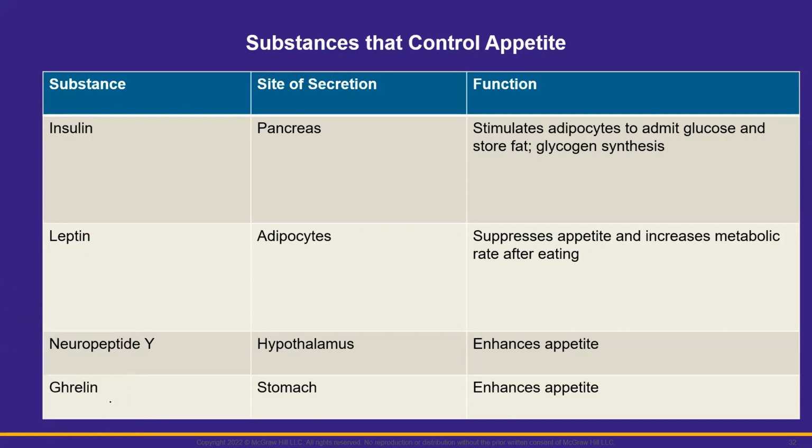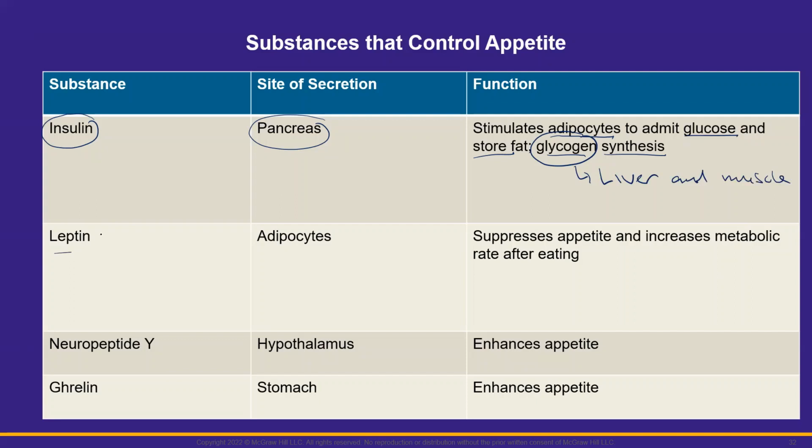So this is the summary of substances that control appetite. First is insulin, produced by the pancreas. It stimulates adipocyte tissue to admit glucose and store fat, and stimulates glycogen synthesis. This causes the storage of nutrients into adipose tissue, and also the storage of glucose as glycogen in the liver and muscle.